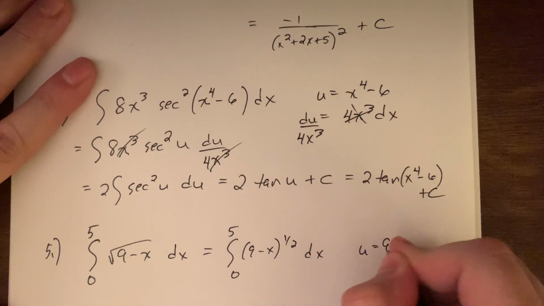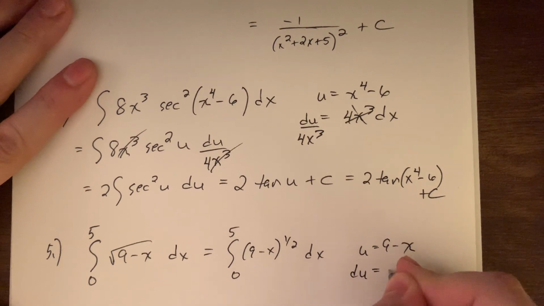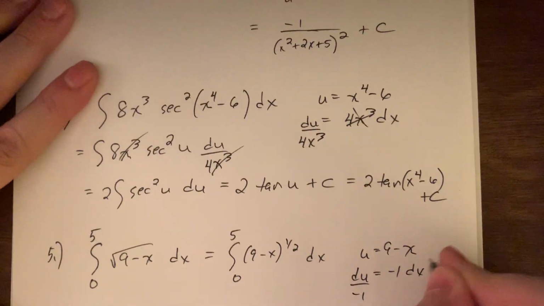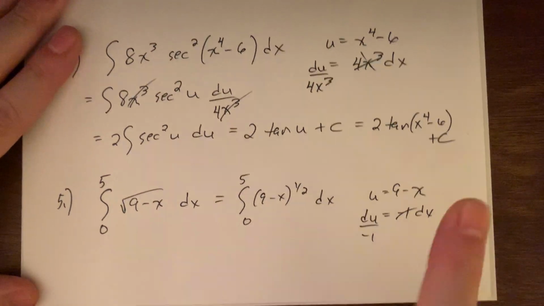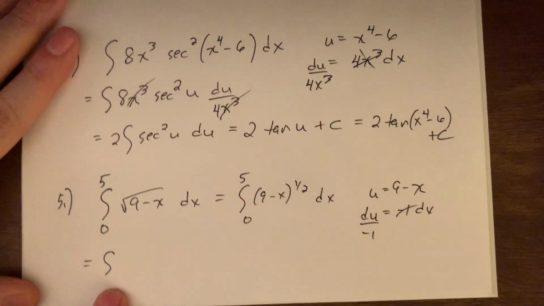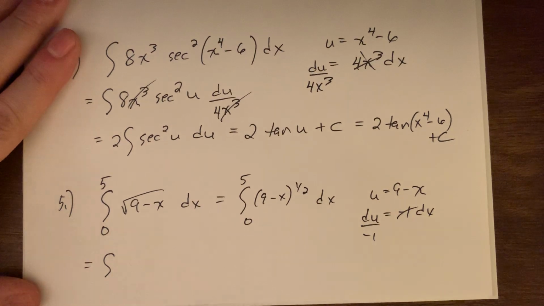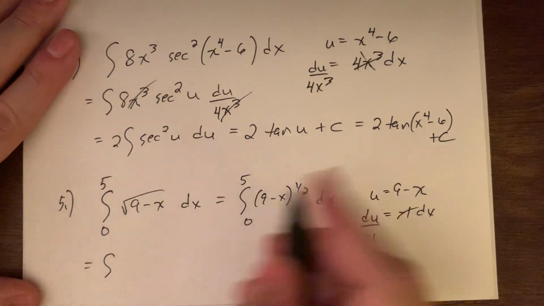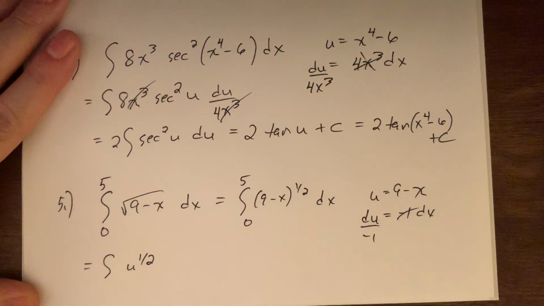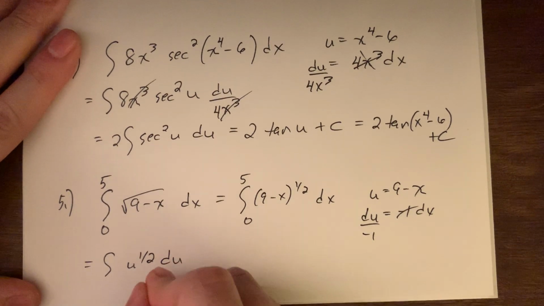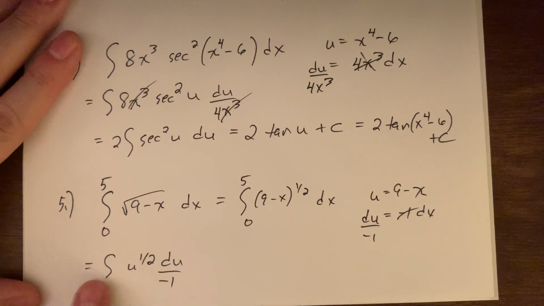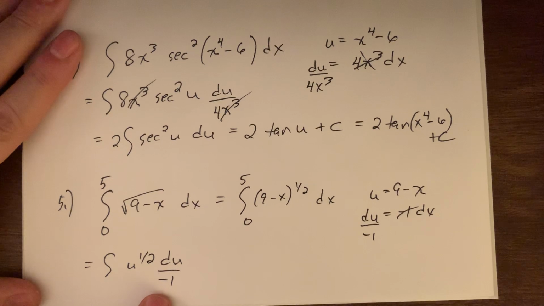So I let u be the inner. Du is negative 1 dx. Divide that over. So I've got my integral. I'm not going to write my bounds. I want to see that everything gets plugged in first, that it's working. This is u to the 1/2. That looks good. Du divided by negative 1, so no issue, no extra x's here.